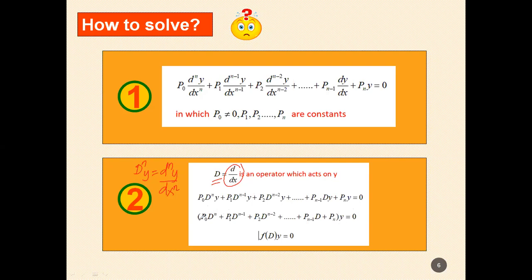Now this expression is written in textbooks and reference materials as f of d, without the y. It is written as f of d because it represents the function of the operator d, where the operator is the representation of the derivative of your unknown function. That's just the manner of writing it.